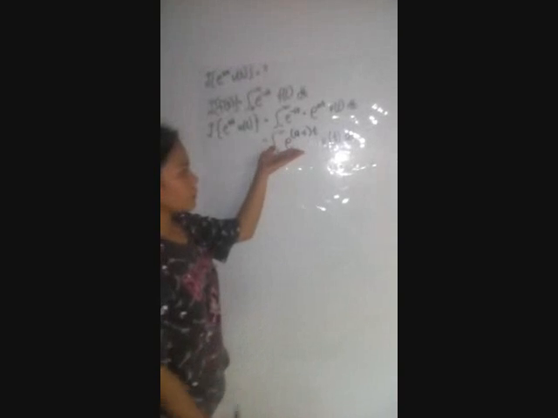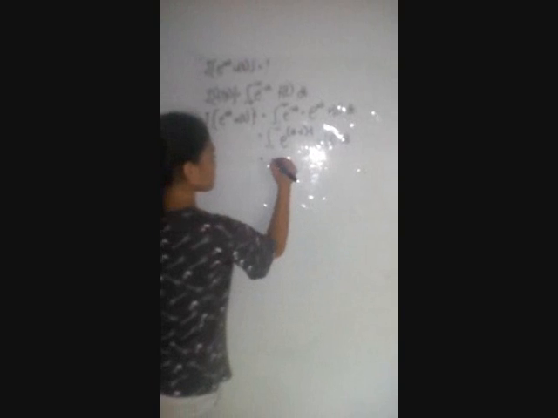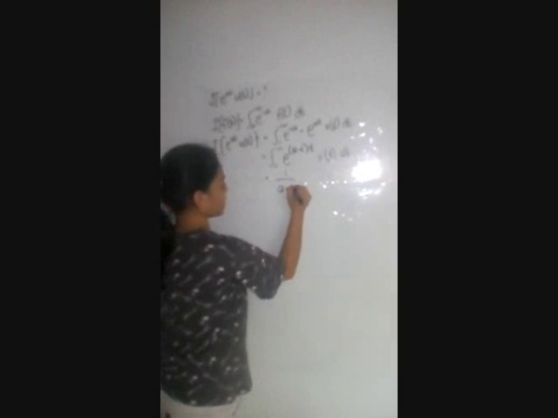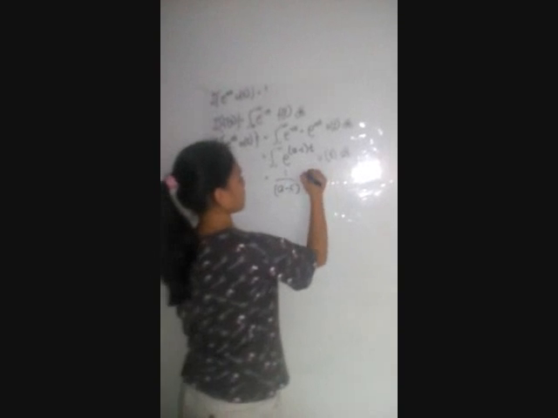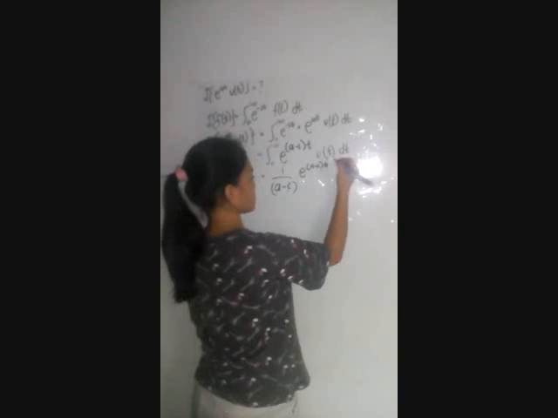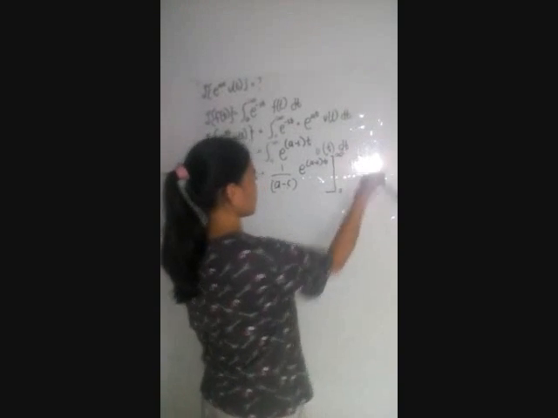So what is the antiderivative of e raised to (a minus s) times t? That will be equal to 1 over (a minus s) times e raised to (a minus s) times t with the limit 0 up to positive infinity.